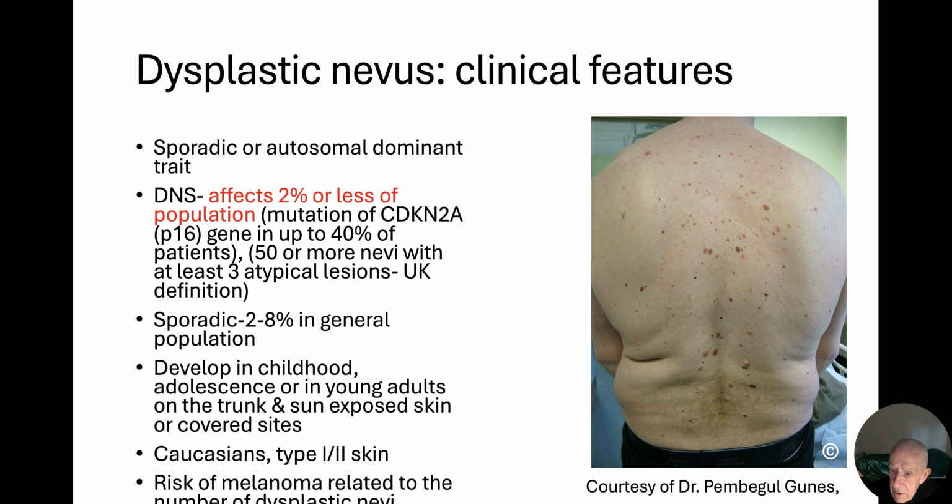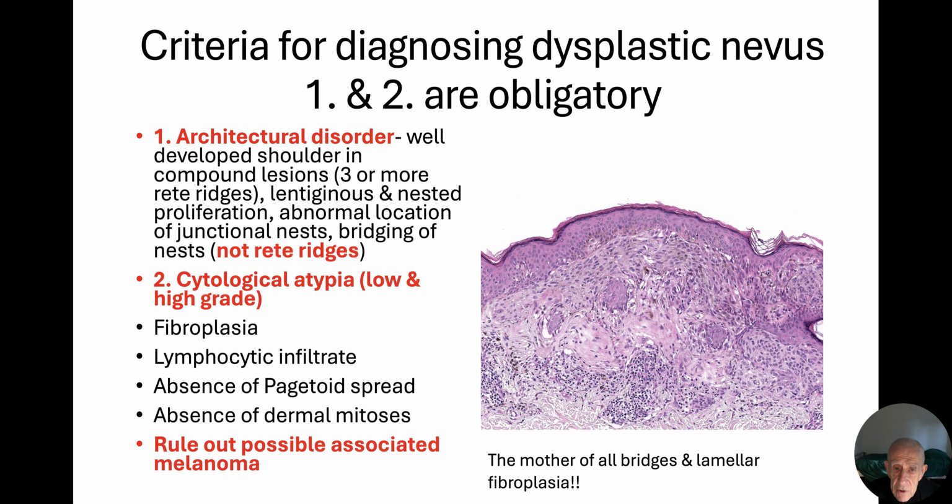I think from my time in Boston, dysplastic nevi are very common, and they're almost always in a sporadic setting. Patients with dysplastic nevus syndrome are few and far between. And this is a high power of a dysplastic nevus, and you can see why the clinician would be worried about whether that's a melanoma or not.